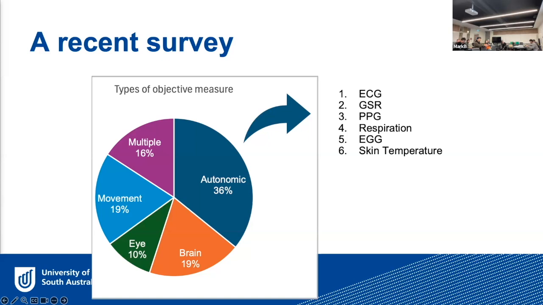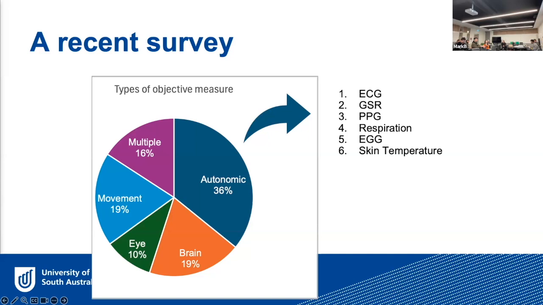And here EGG stands for electrogastrogram, and it detects the movement of our stomach. As you can imagine, if we feel motion sickness or cybersickness, our stomach feels really weird. In a normal state, it usually moves 3 to 5 times in 1 minute, but if we get into a really bad situation, it will get faster.